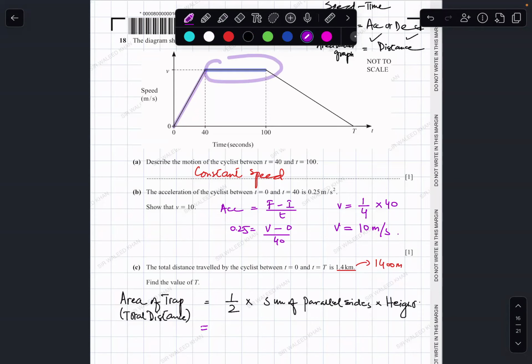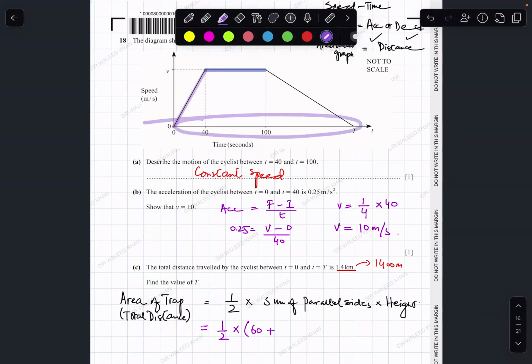So we have 1 by 2 times 60 plus, and the length of this one over here, this is also parallel side, is between 0 and t. So t minus 0 is t. So t times the height. Height is the perpendicular distance between these two lines, which is v over here.